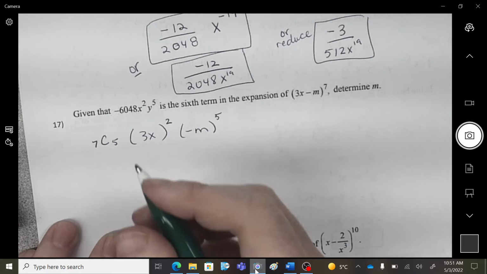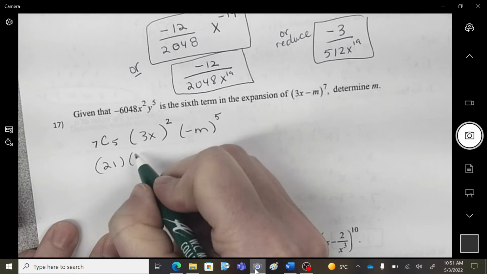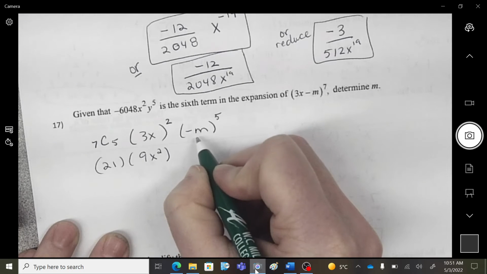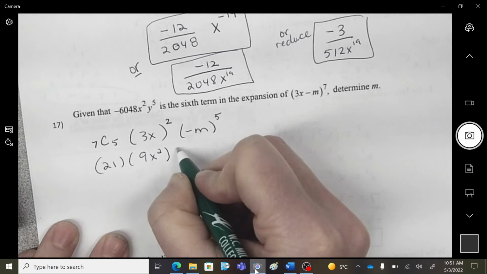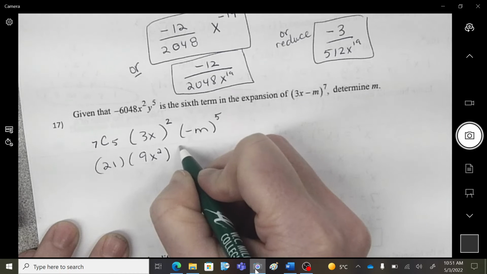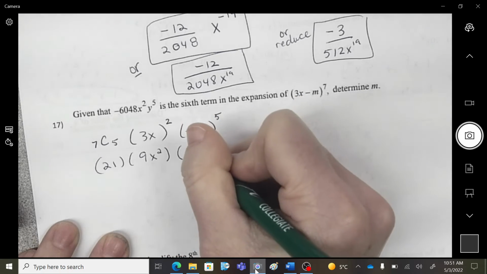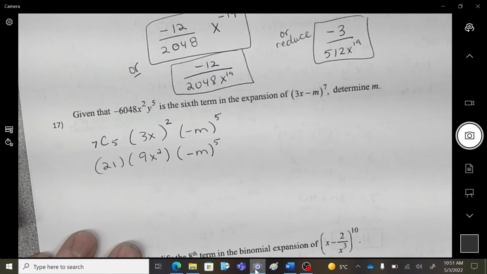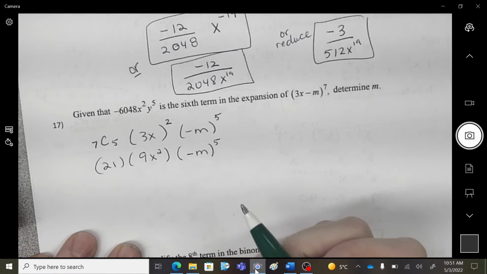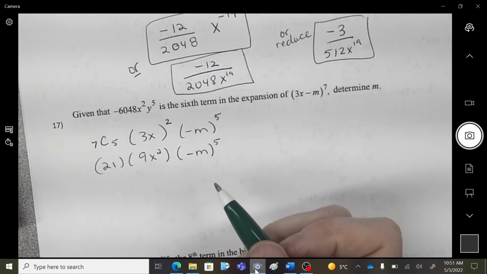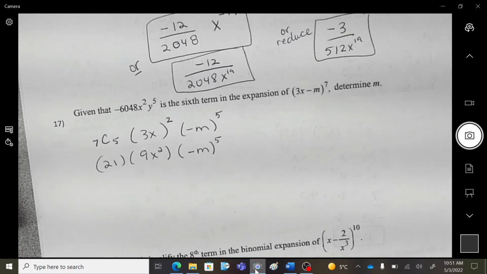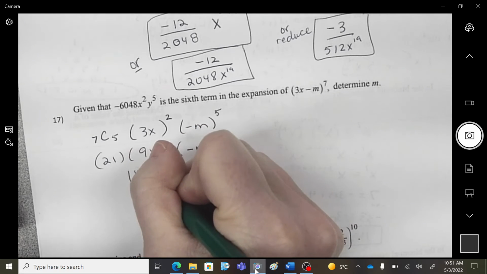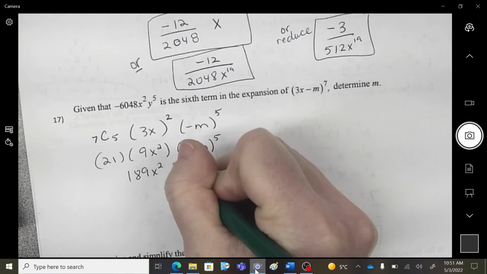So 7 choose 5 is 21. 3 squared is 9. And I don't know this, so okay, I'm going to multiply these by each other. So 21 times 9 is 189x squared.